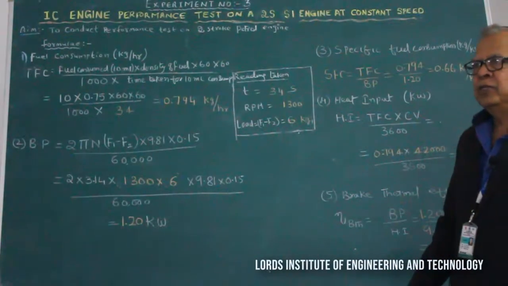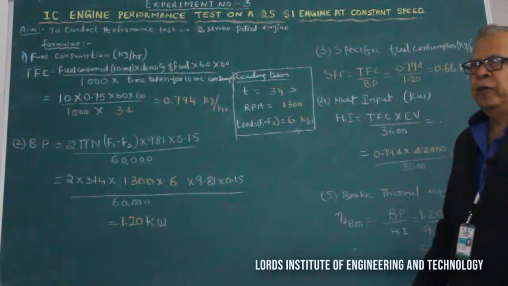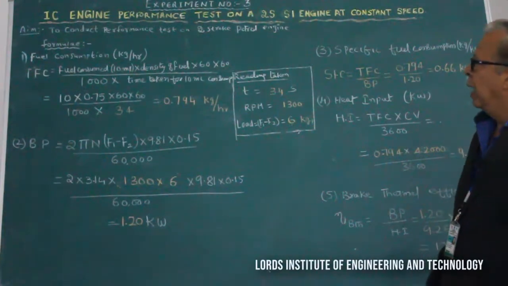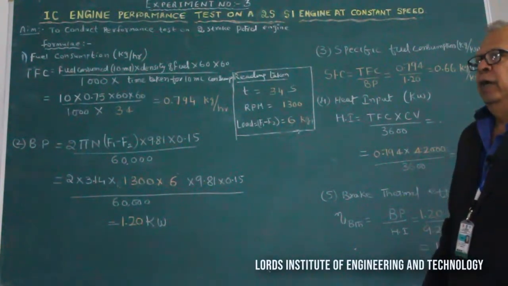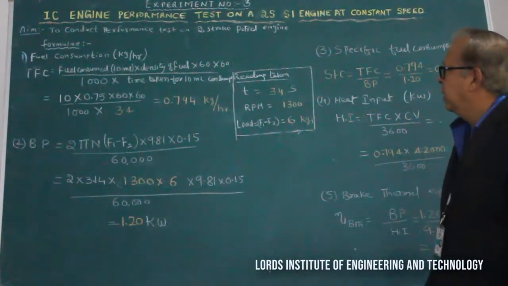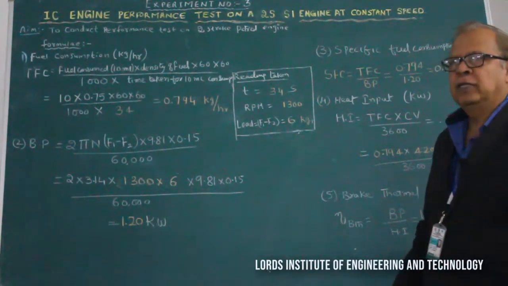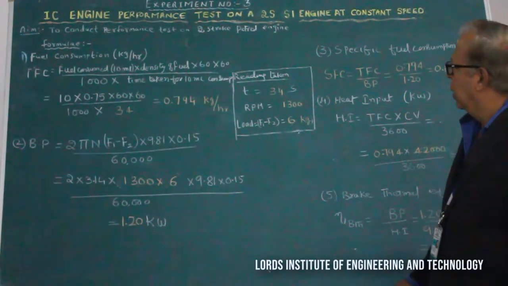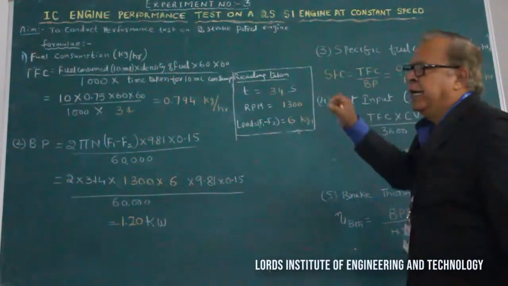Hello students, we have just completed our experiment on the two-stroke petrol engine and recorded the required readings. The time taken for fuel consumption of 10 cc of petrol was 34 seconds.